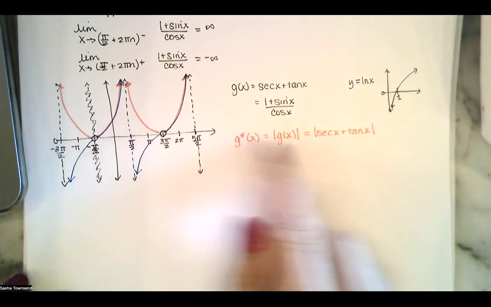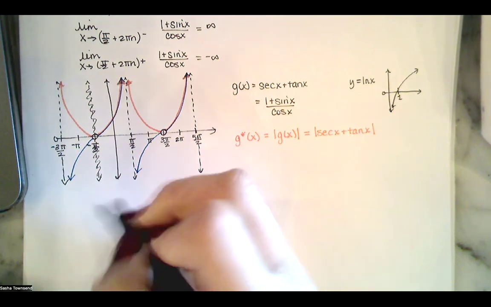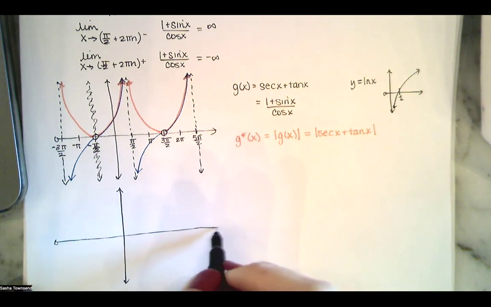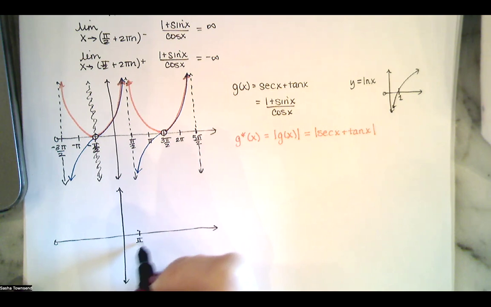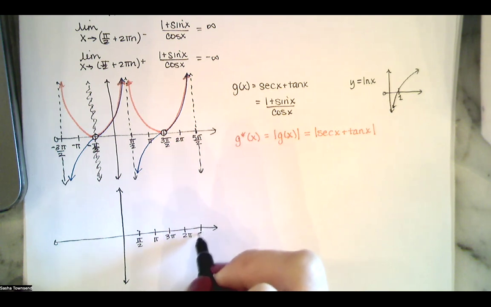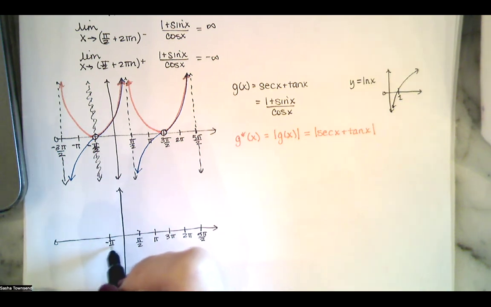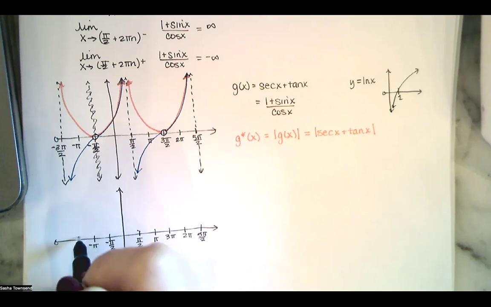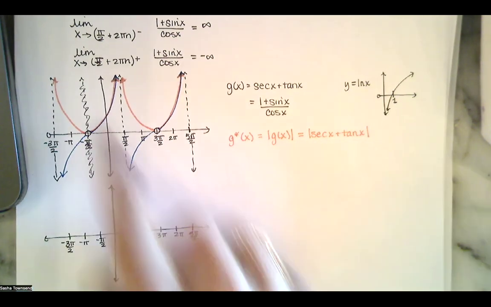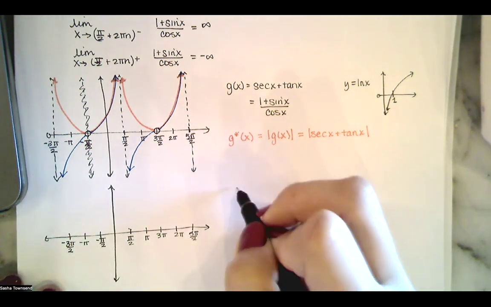So at these removable discontinuities of the absolute value of secant of x plus tangent of x, our logarithm should have asymptotes.